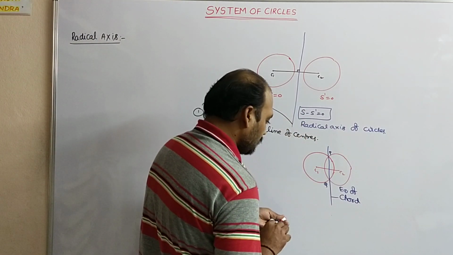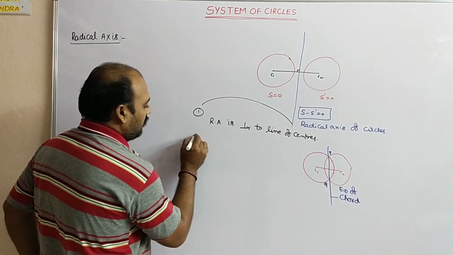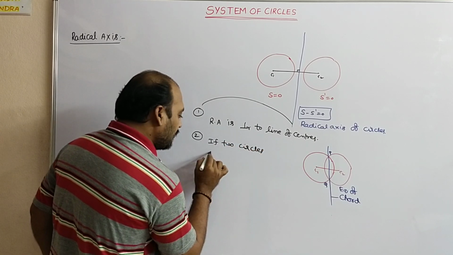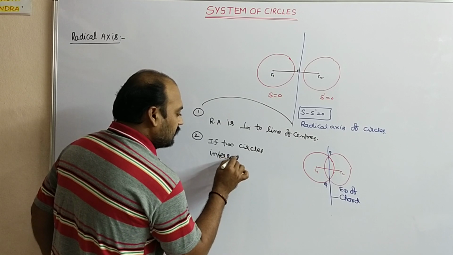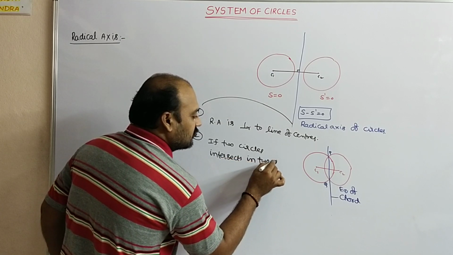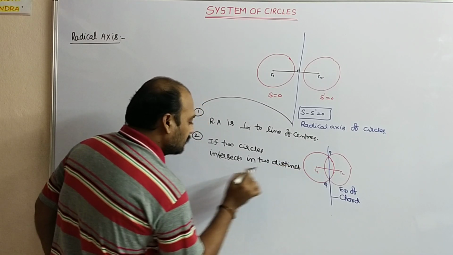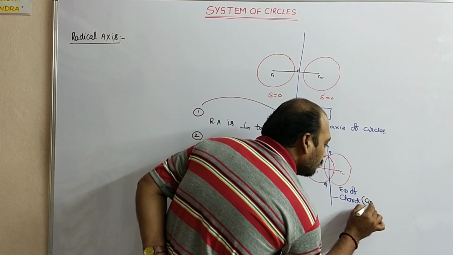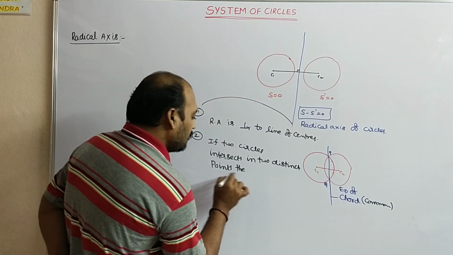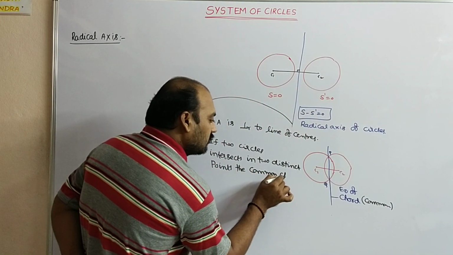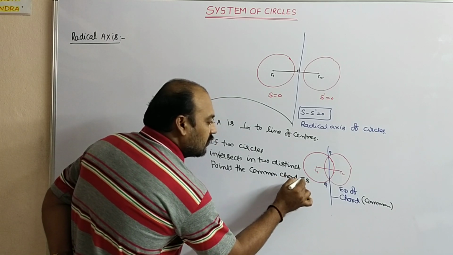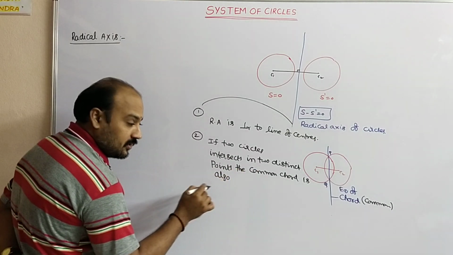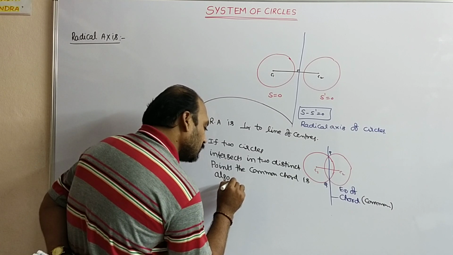So here, if two circles intersect in two distinct points, then the common chord is also the radical axis.